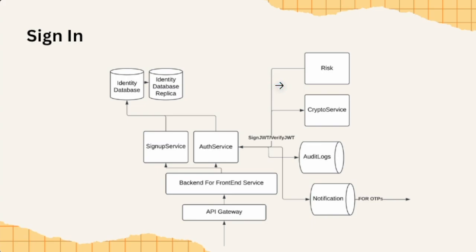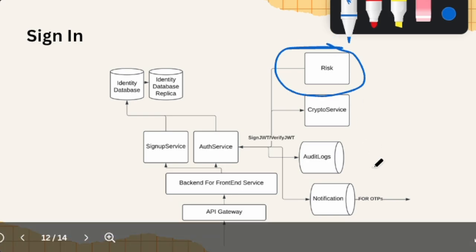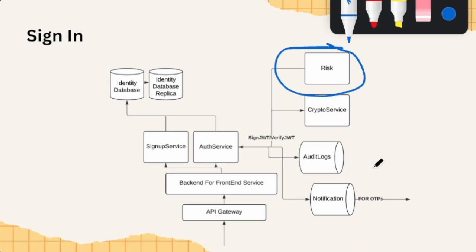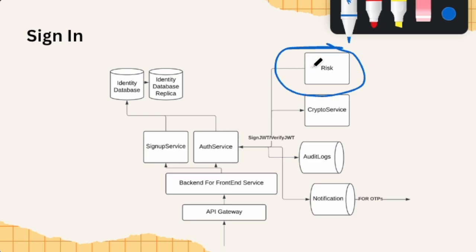So nowadays, even if the user is duly giving you the right password, we also do some extra checks to make sure their password is not hacked and so on. Typically most modern systems will have some sort of risk engine. Once the auth service has verified that the user has given the right password, it will also do a risk scanning check by looking at various signals such as the user's geo, IP address, the device, and so on.